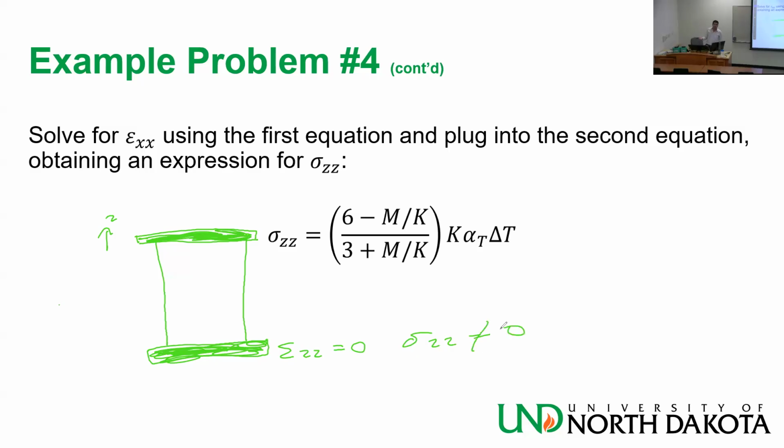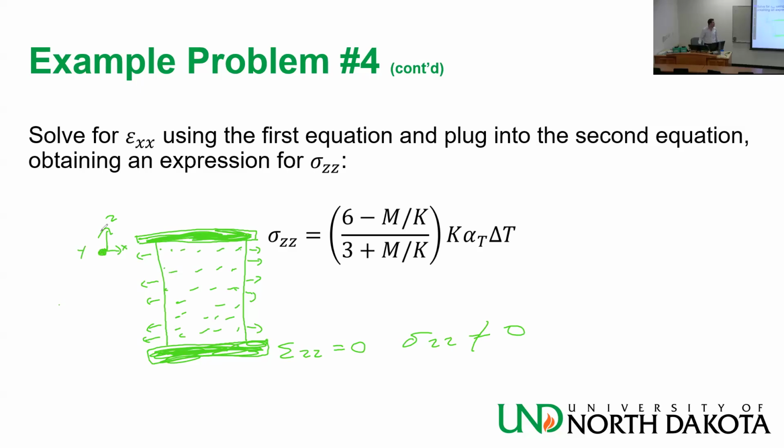Now, I am letting the material expand in this direction, which is X, and also in this direction, out of the plane of the screen, which is the Y direction.